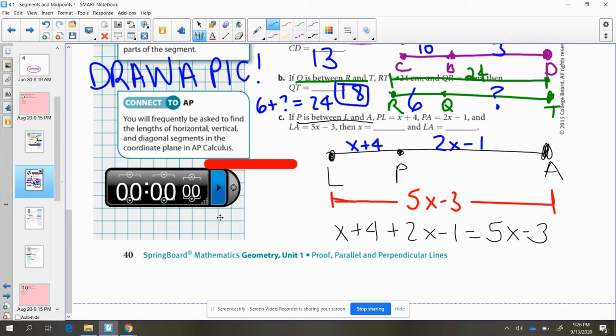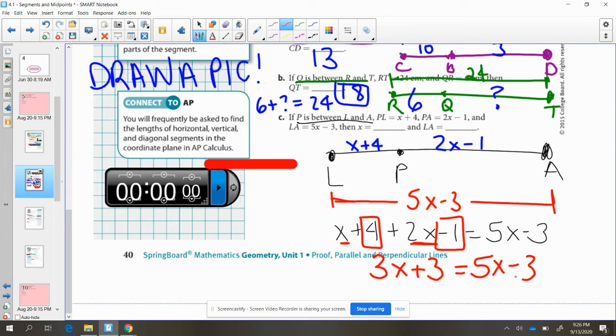Now from here, we are going to solve the equation. So we're going to take our x's on the left-hand side and combine them. So x plus 2x is 3 x's, and then 4 minus 1 is 3. And then now that everything is condensed, we can start solving.